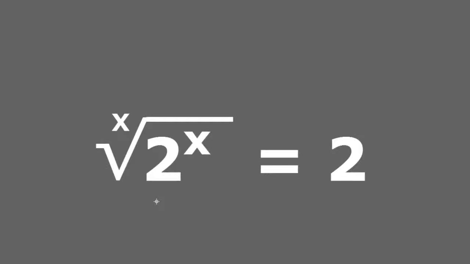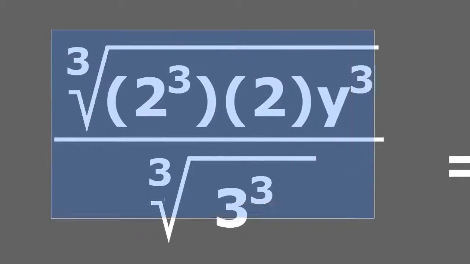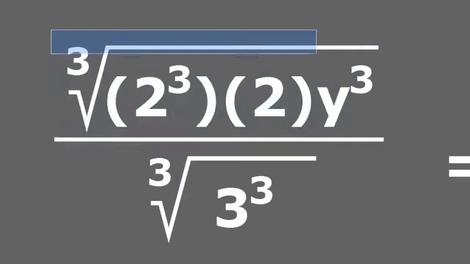If I have a number or a variable inside of the root, and that number or variable has an exponent which equals the grade of the root, I can simply take that number outside of the radical sign. Let me show you here. Which of these numbers or variables can I take outside of the radical sign? Well, if you notice, the number 2 has an exponent 3, and this is a cube root, which has a grade 3.